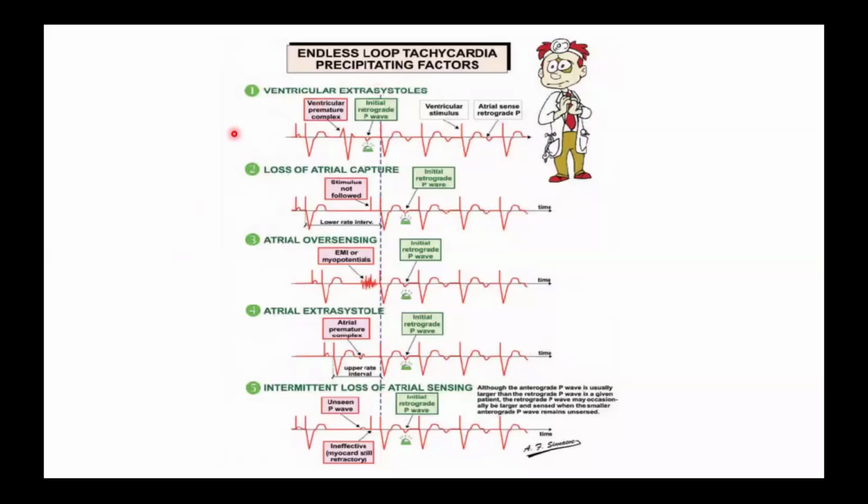The most important thing is that the atrium is not depolarized. So it can be triggered by ventricular extrasystole, a PVC, then a retrograde conduction. The atrium is not depolarized, and sensed, and PMT starts.